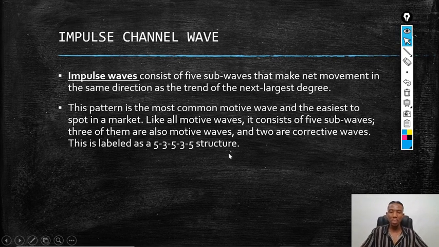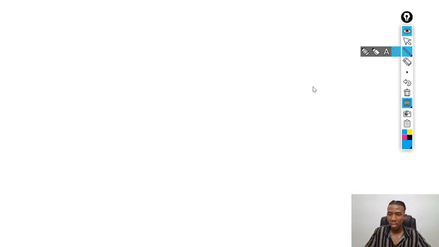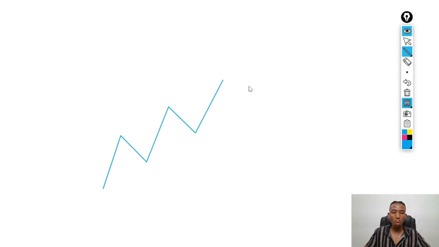Now I know you probably don't understand what I mean by that. This would be our one impulse wave. Now let's label it. This would be 1, this would be 2, this would be 3, this would be 4, and this would be our 5. So we call it a 5-3-5-3-5 structure.